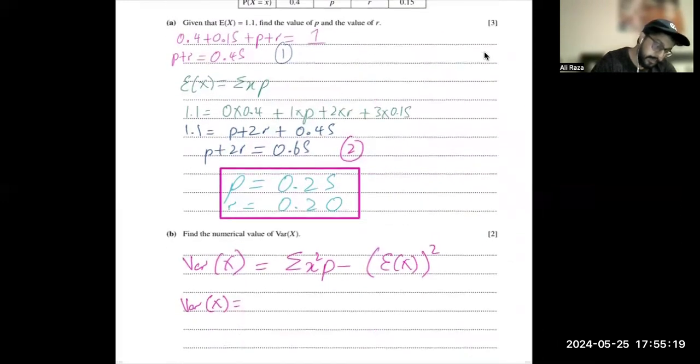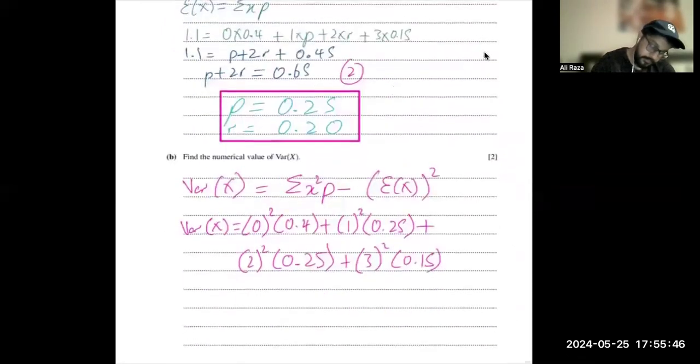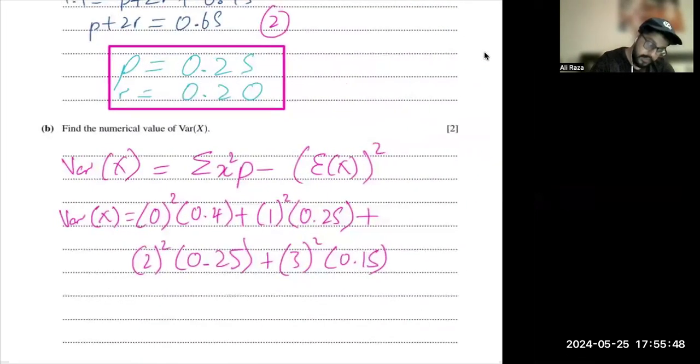Zero multiplied by 0.4 plus 1 square multiplied by 0.25, which is the value for P, plus 2 squared multiplied by 0.25, which is the value for R, plus 3 squared multiplied by 0.15, minus 1.1 whole square.